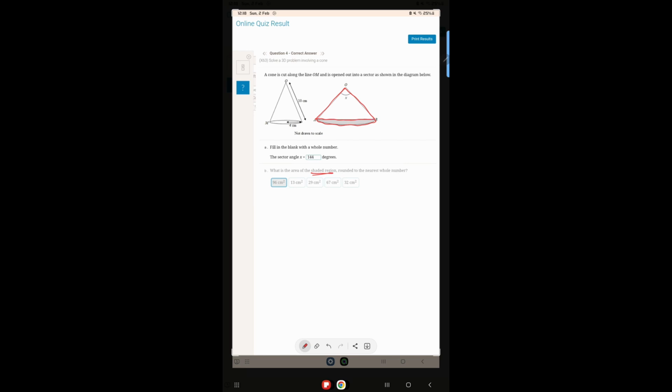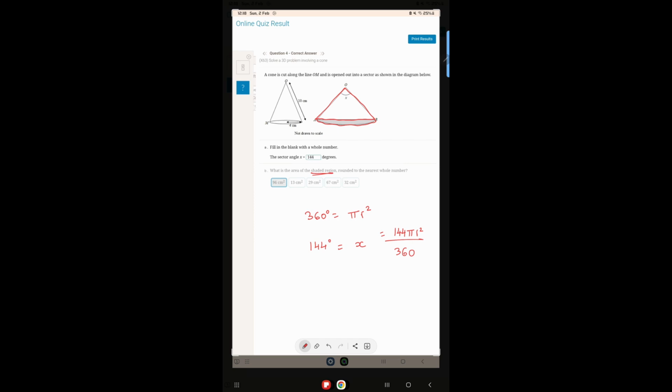To find the area of the entire sector, the area of a full circle, which is 360 degrees, is equal to pi r squared. The area for the sector, and the sector is 144 degrees, would be x. You cross multiply to get 144 pi r squared over 360.